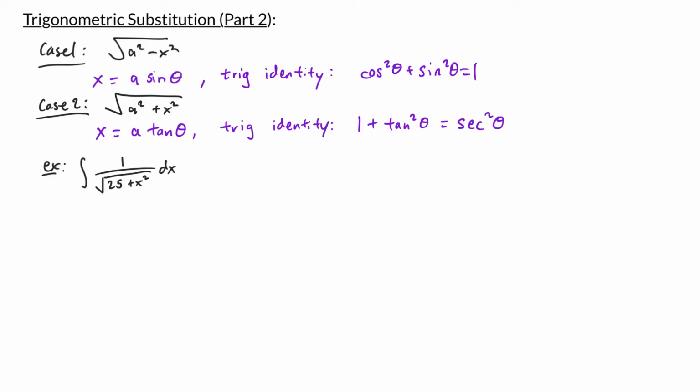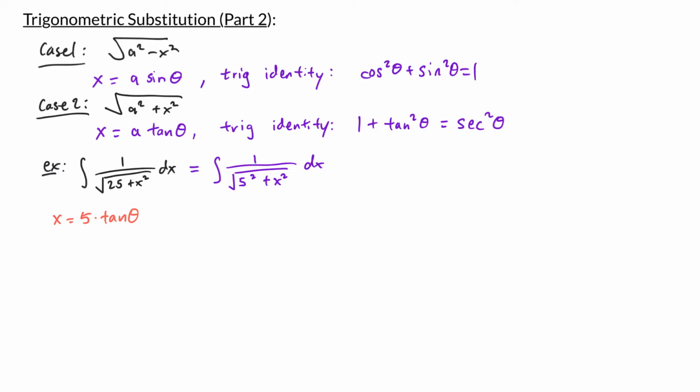Let's look at the integral of 1 over square root of 25 plus x squared dx. For this integral, we can rewrite this as the integral of 1 over square root of 5 squared plus x squared dx. So according to what I have above, we want to make the substitution x equals 5 times tangent of theta.